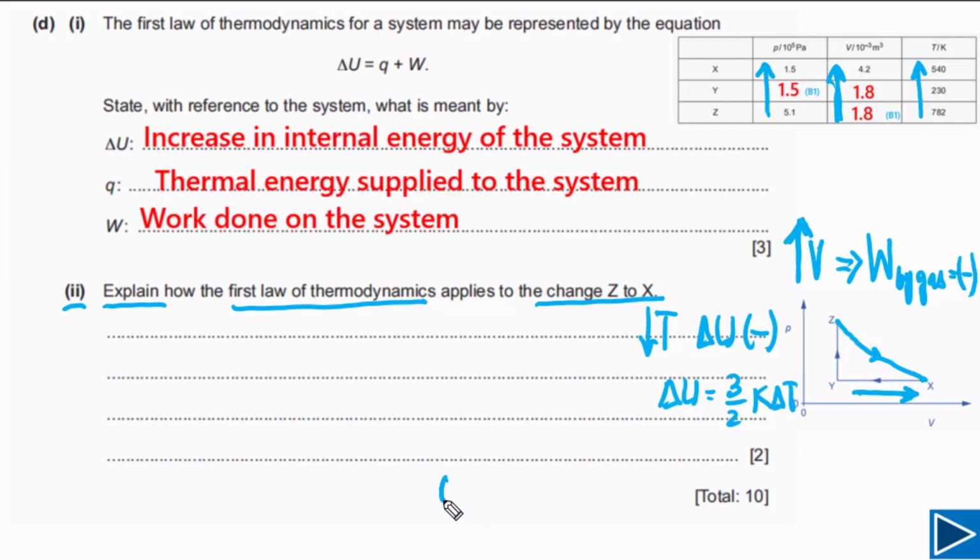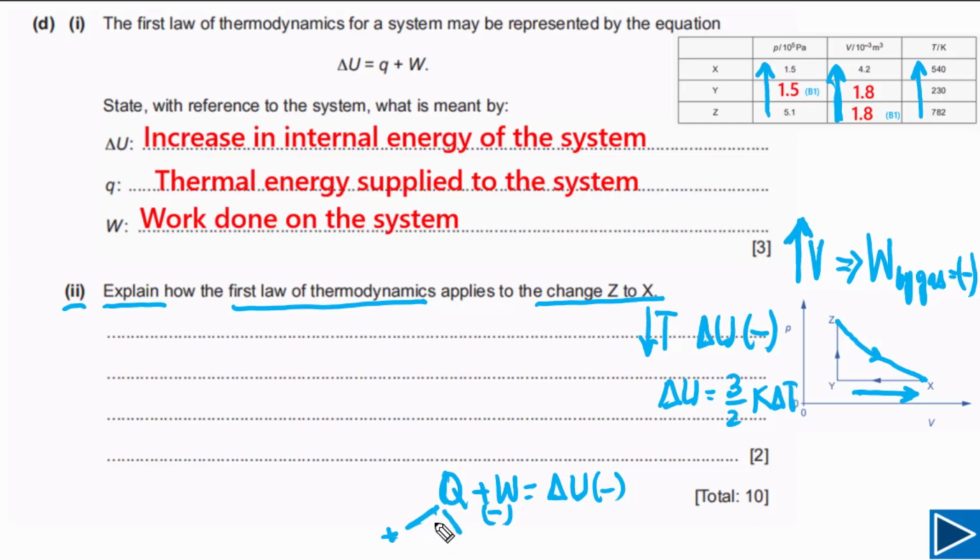Now if we write down the first law of thermodynamics, we can say Q plus W is equal to delta U. The change in delta U is negative, and W is also negative. But for Q, it can be positive, it can be negative. It depends on the exact value of Q, meaning how much Q has been added.